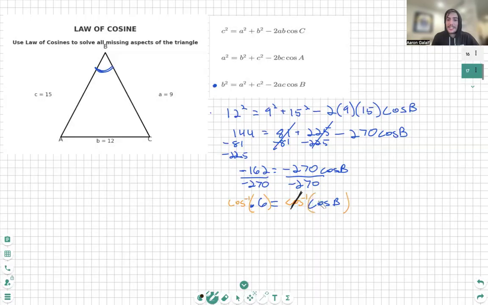What happens is these guys cancel. The inverse cosine of cosine cancels, leaving just B. And then we'll take our calculator and go inverse cosine of 0.6. Make sure you're in degree mode, and we see it's 53.1 degrees. That is the angle for B. And we'll write it down nice and neat, 53.1 degrees.